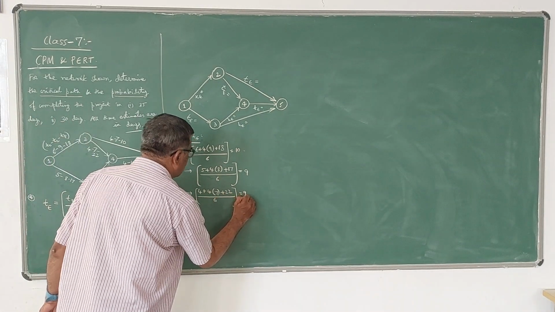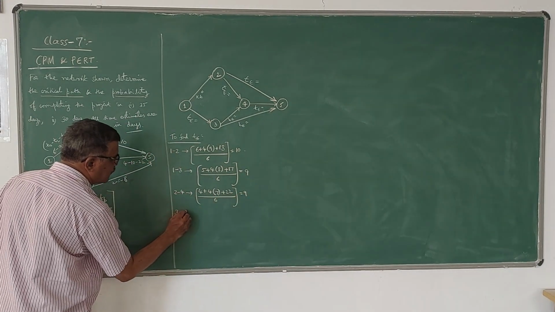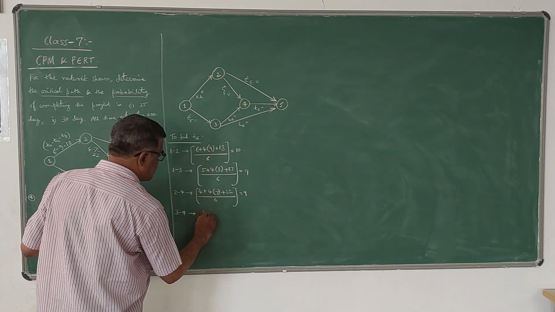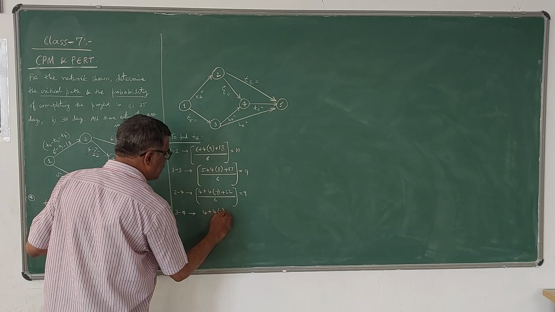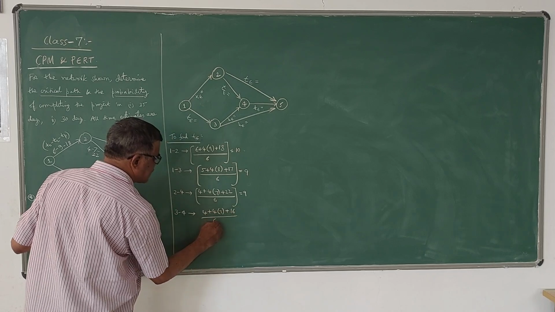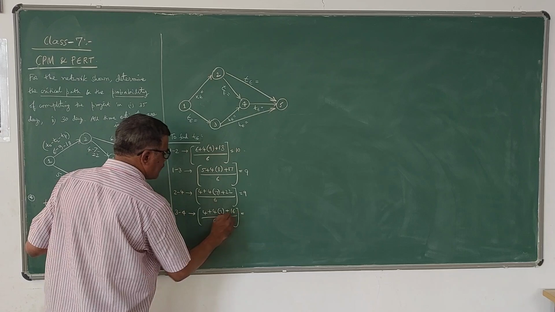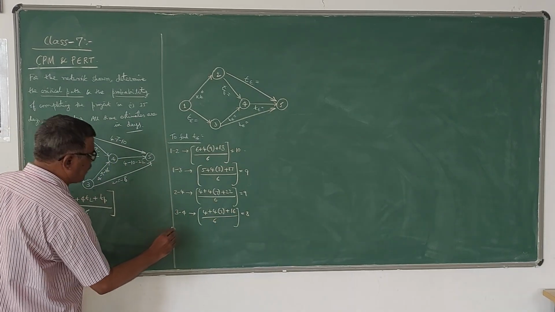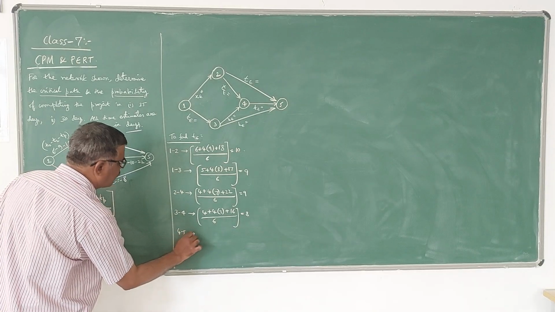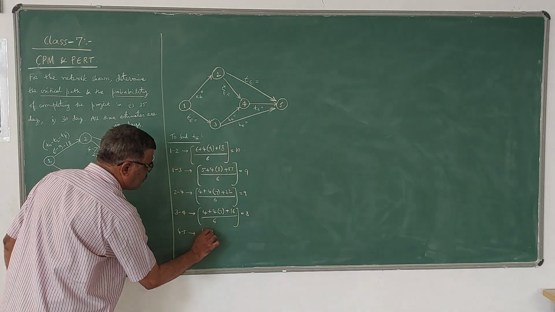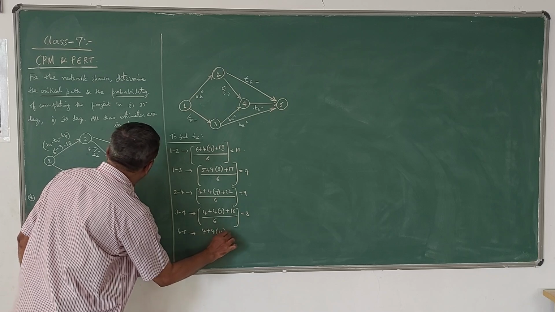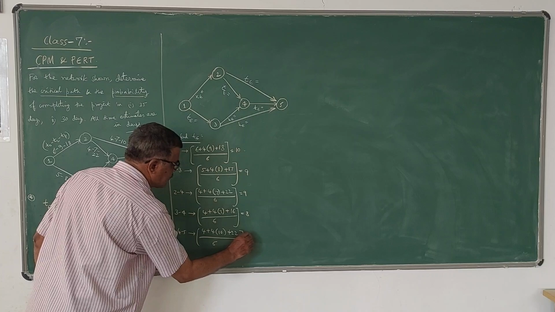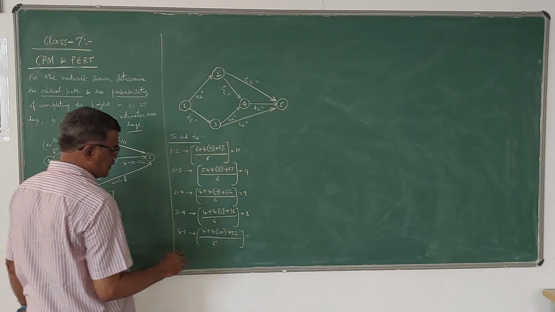Then for 3, 4 activity, it is 4 plus 4 times 7 plus 16 divided by 6, which is 8. Then for 4, 5, it is 4 plus 4 times 10 plus 22 divided by 6, which is 11.